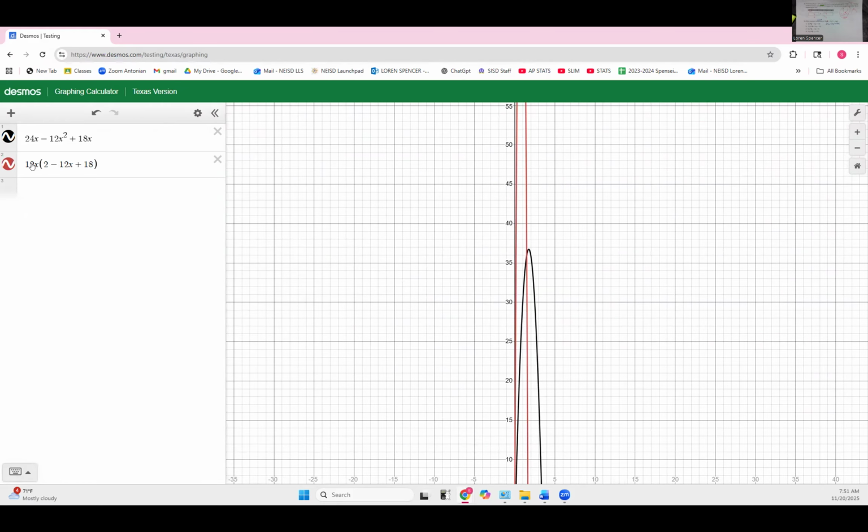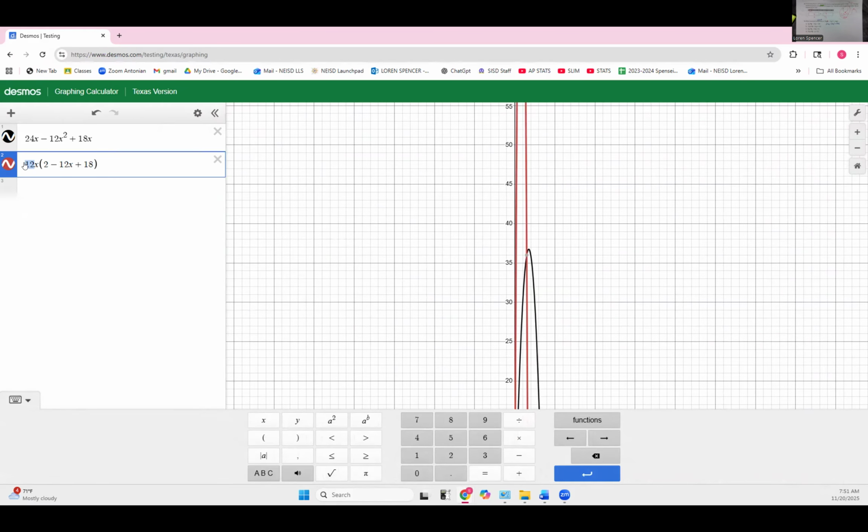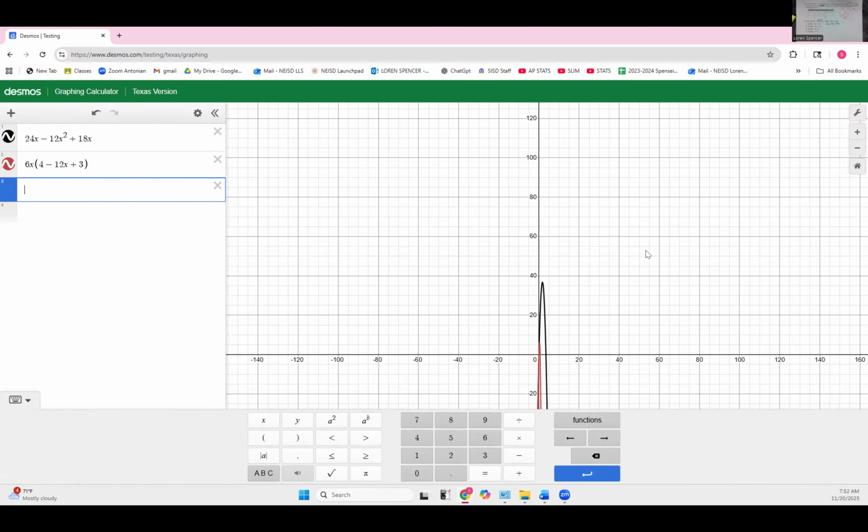We have a 6x, a 4, a -12, and a plus 3. And I don't even see that one, so I'm zooming out going, hey, where is that one? Nope, not there. So it can't be that one. So we've eliminated A, B, and C. Better be this one.